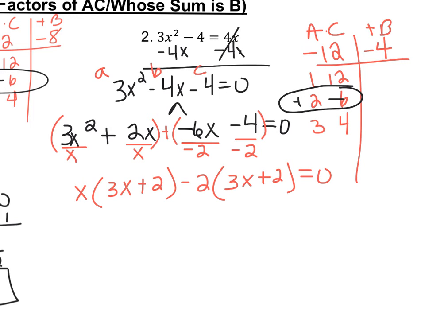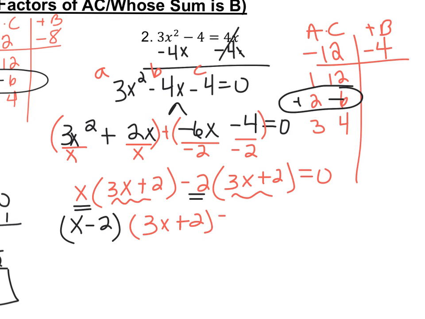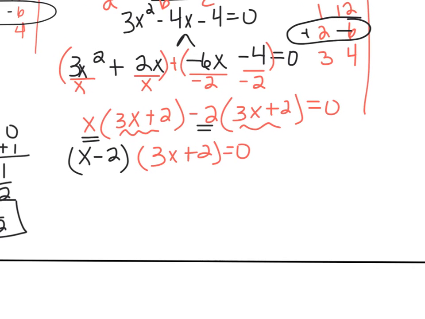It's okay. If my parentheses are the same, then I'm going to group my coefficients. And then my common binomial goes into the second parentheses. I now have my 2 factors that are equal to 0, so I set each factor equal to 0.